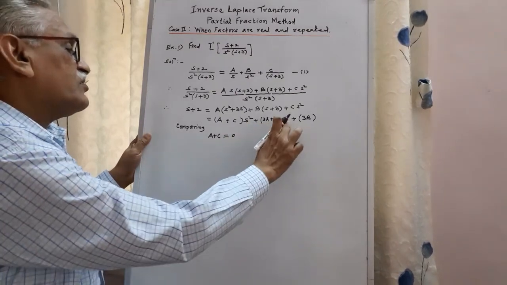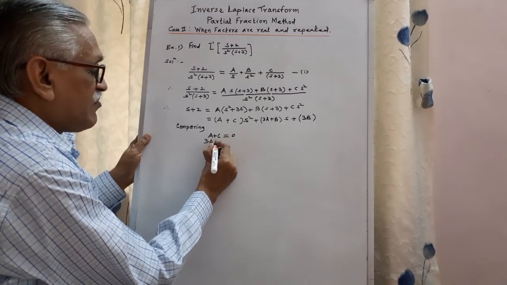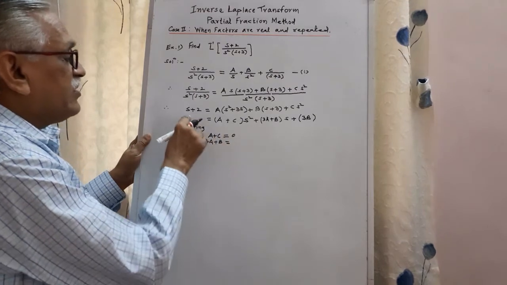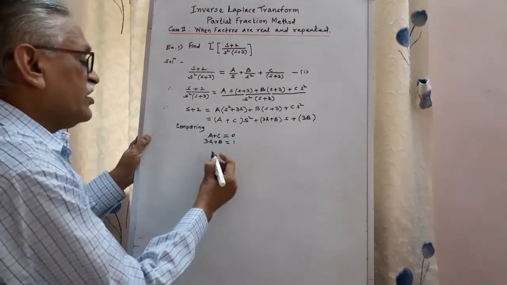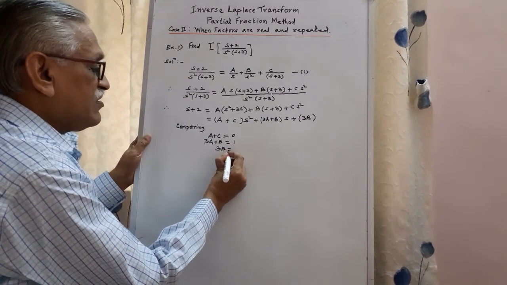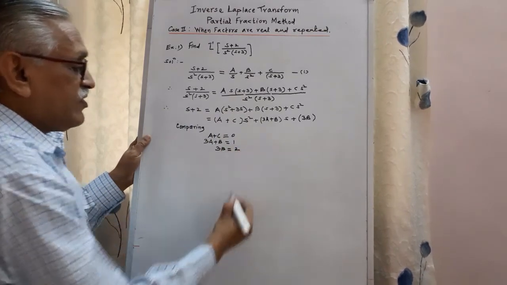Then the coefficient of s is 3A plus B, and here the coefficient of s is 1. And the constant term is 3B, and here the constant term is 2.